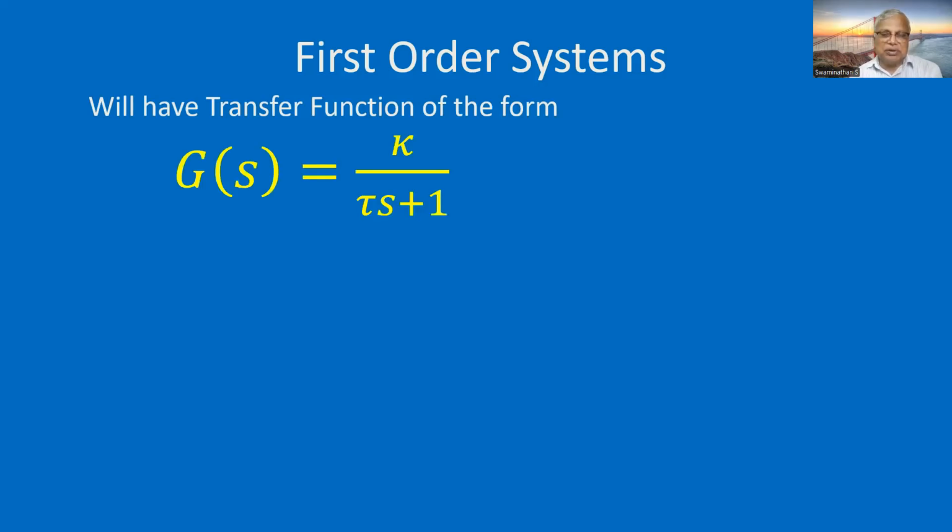G of s is the symbol for transfer function. A system or process which has a transfer function of this form is known as a first order system.